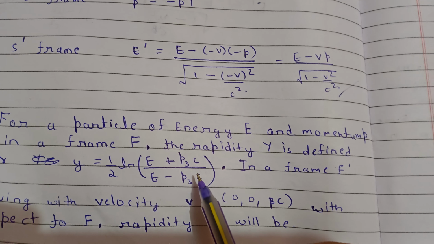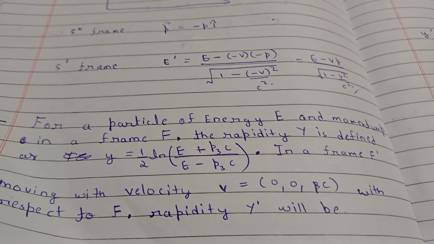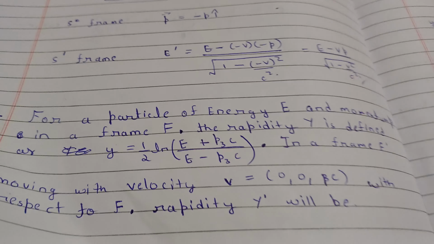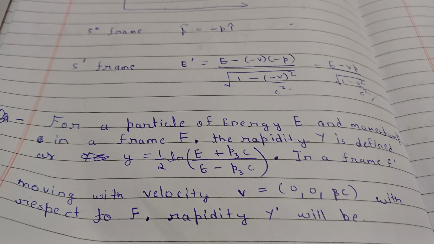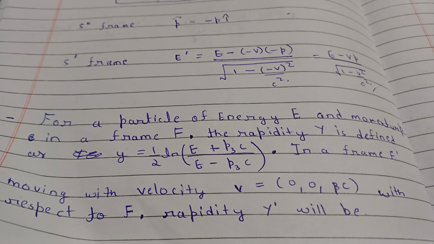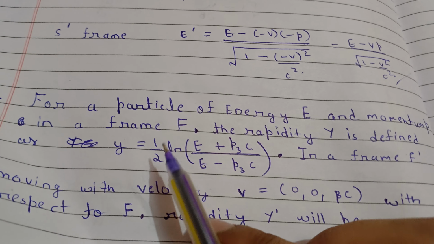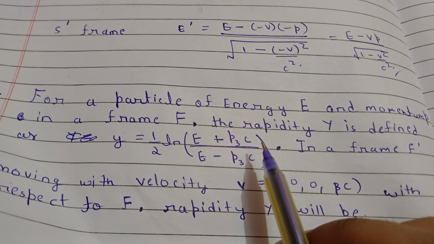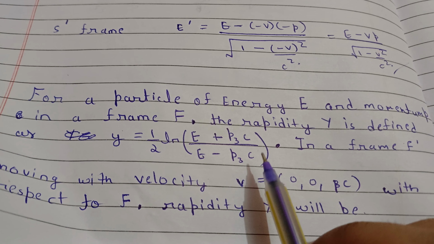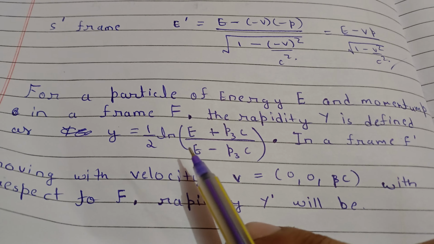Here we use the law that Einstein postulated, that all the laws of physics remain the same in all inertial frames. So the expression for y prime will be 1 by 2 natural log of (E prime plus p3 prime c) over (E prime minus p3 prime c). So just that changes to prime, and this remains the same.